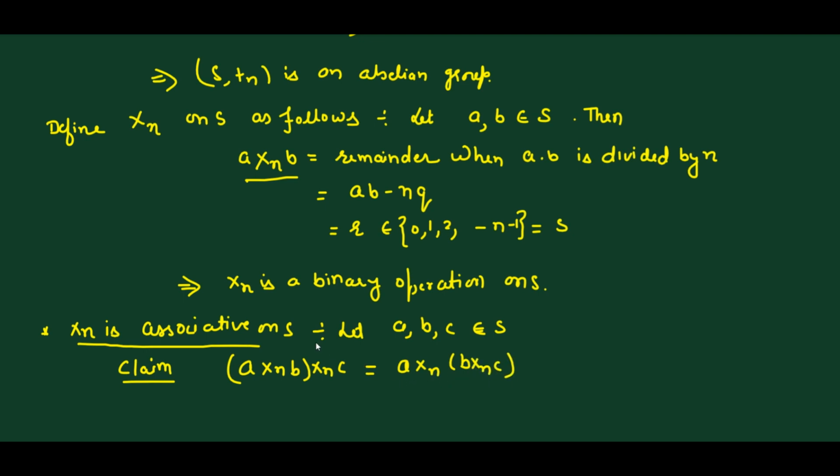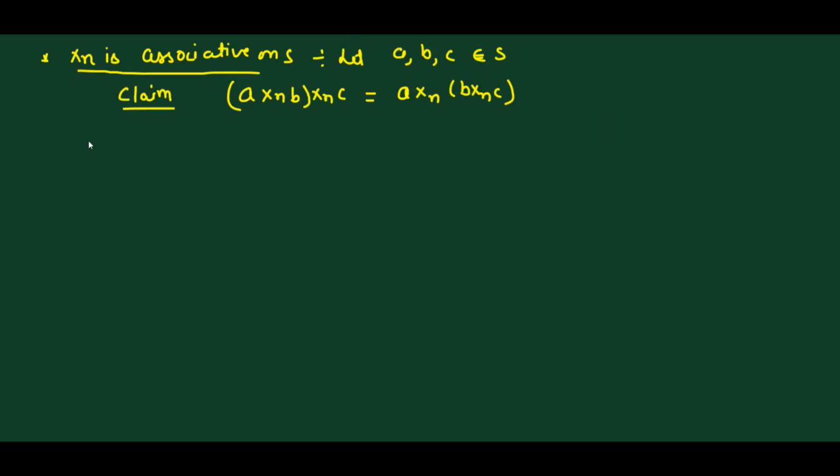So let's pick the left hand side and show that it gives the same result as the right hand side. Okay, so our claim will be established. So choose the left hand side.